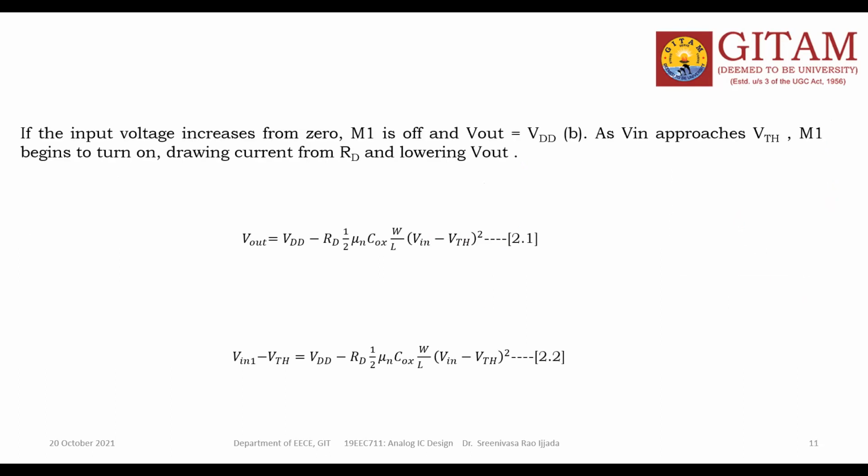So the output voltage equation is Vout equal to VDD minus resistance RD into the current in the saturation. This is the equation, and whenever Vout is equal to Vin1 minus VTH, then the equation changes like this.